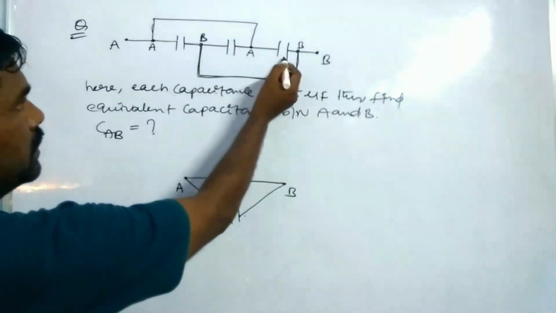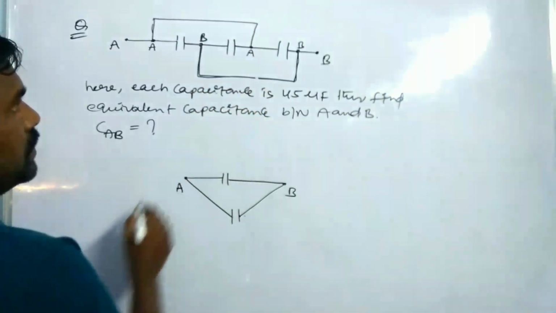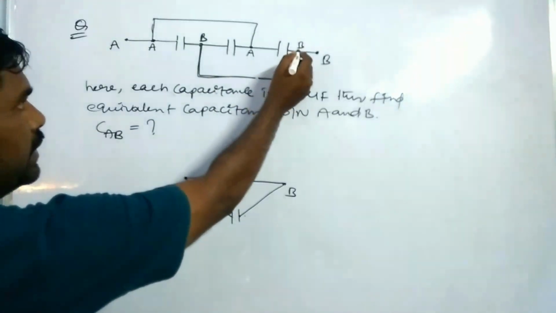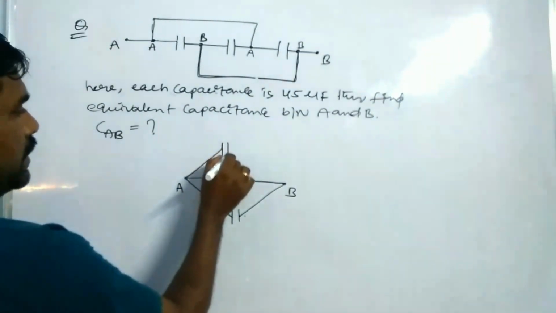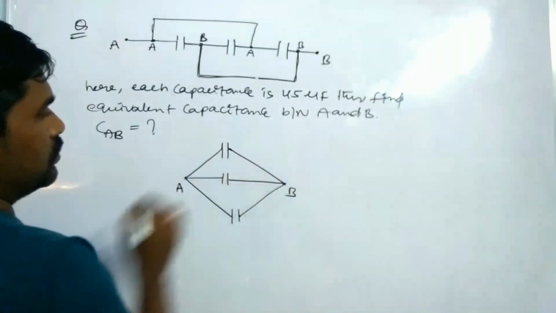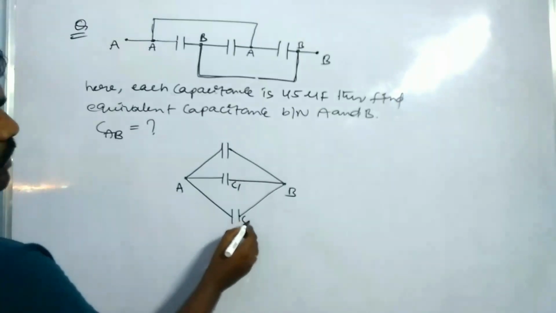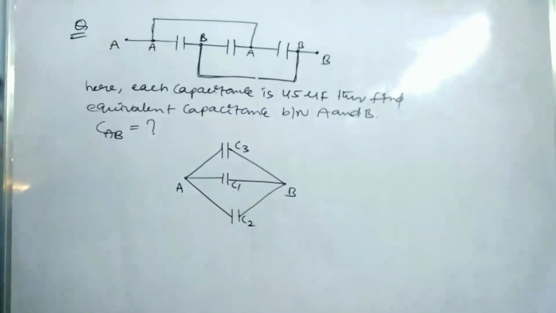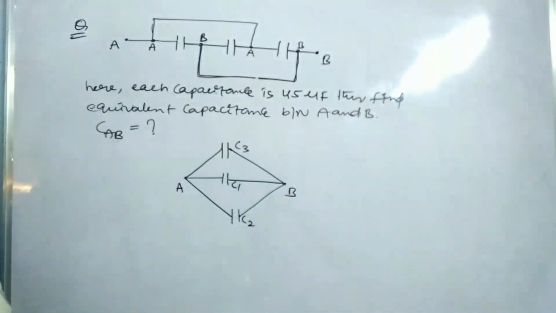And one more capacitor is there, that is the third capacitor. The first end is A and the second end is connected to B. So here this is C1, this is C2 and this is C3. So C1, C2, C3 are three capacitors connected in parallel combination.